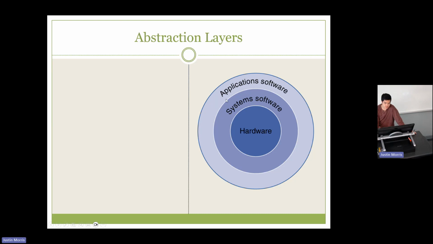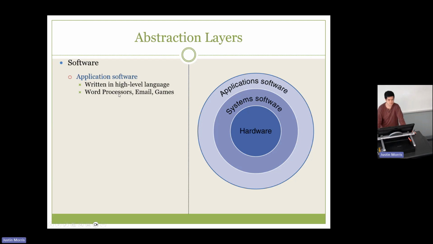Further into this abstraction idea, we have different layers, from the hardware to the software, and then application software. Above it would be your APIs. Here we have your programs that are the application software, written in these high-level languages, like Microsoft Word, email, games.